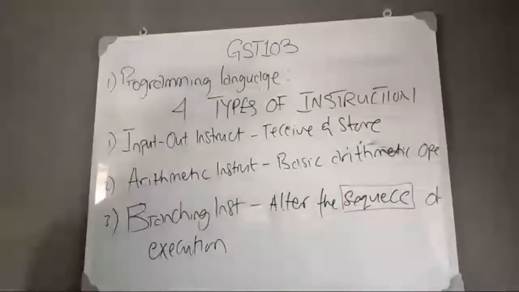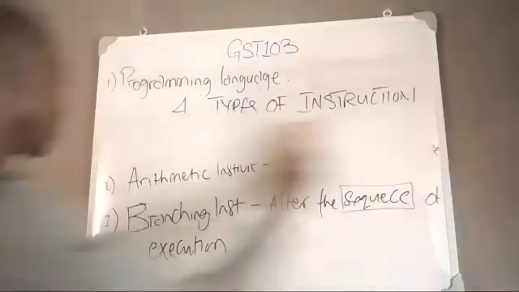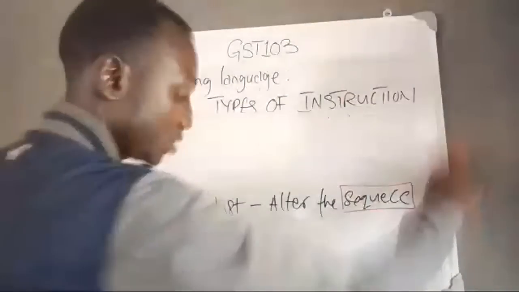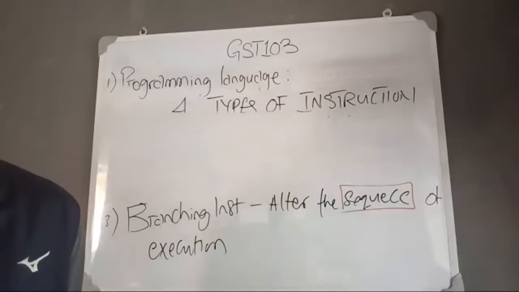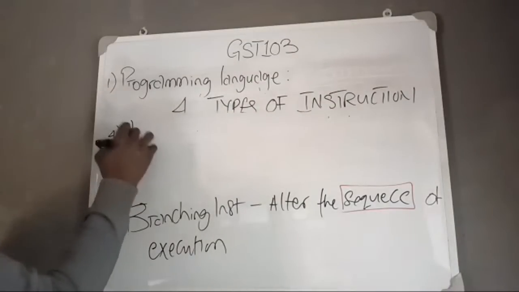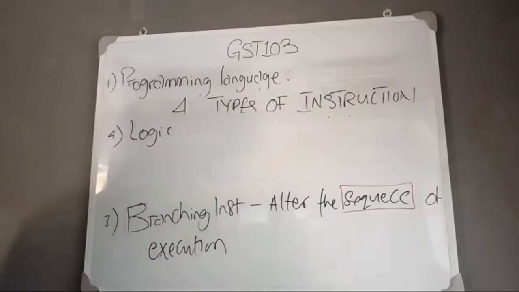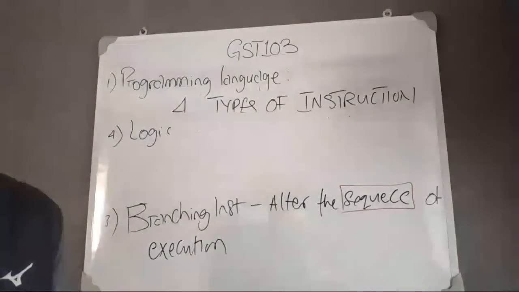So I'm just going to erase number 1 and number 2 so I can have number 4 written out. Now number 4 has to do with logic. Basically, from the word logic, it's the basic instruction that has to do with the sequence of how the computer executes certain instructions, depending on the conditions built around it by the programmer.